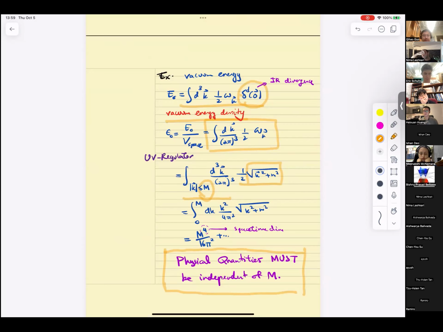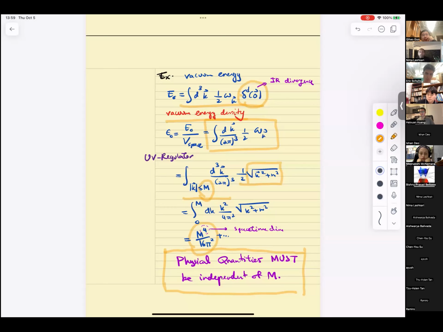Here, because we're doing canonical quantization, momentum means spatial momentum, right? So far, in this lecture so far. So you do the integral and you find that it goes like M to the power of 4, the cutoff scale to the power of 4, right? All right, so we did some calculation.